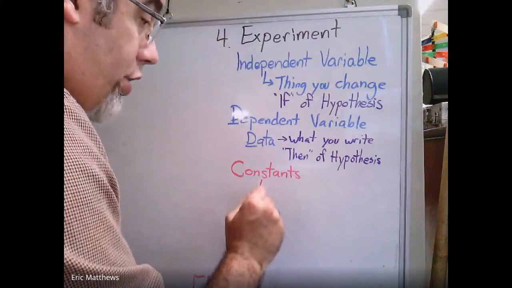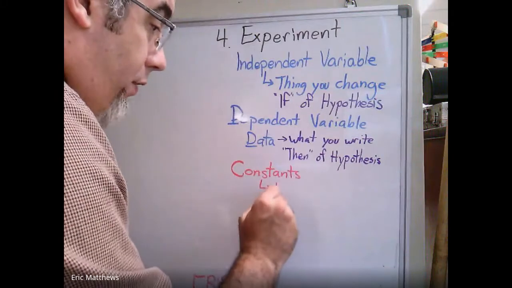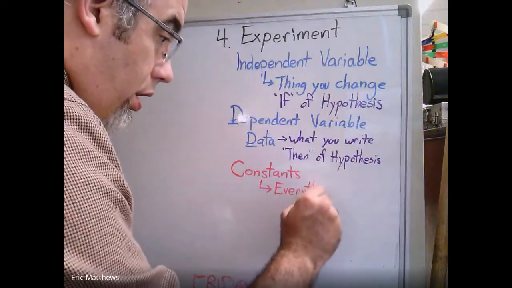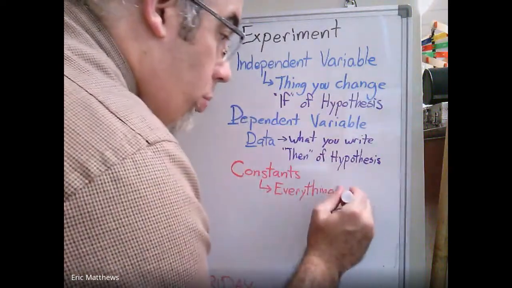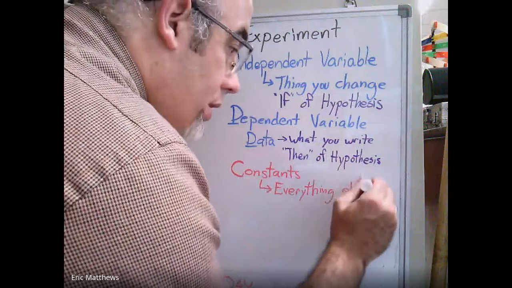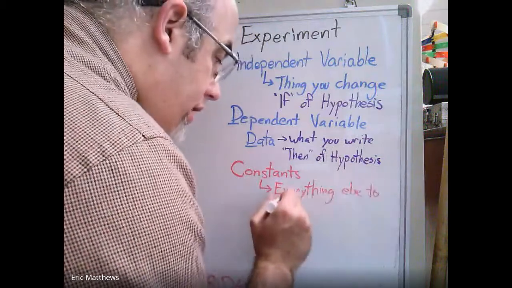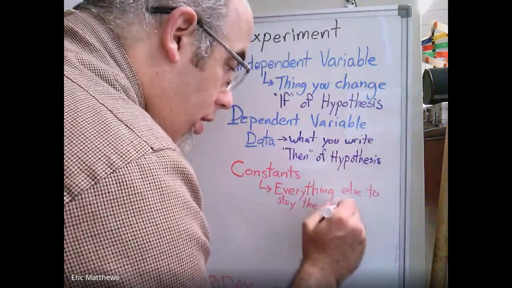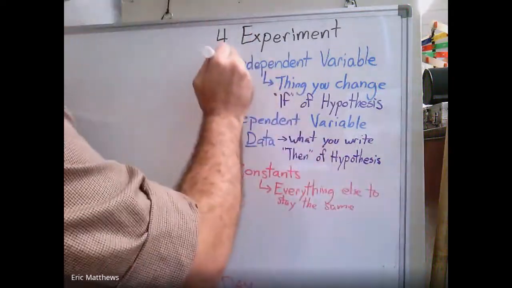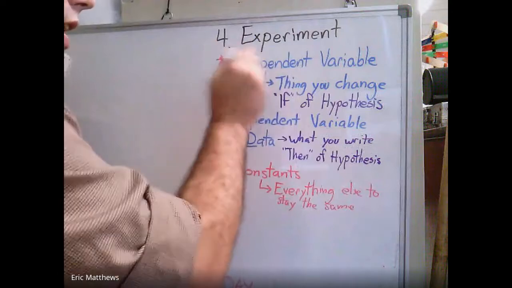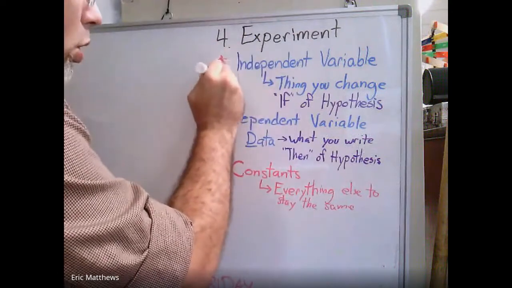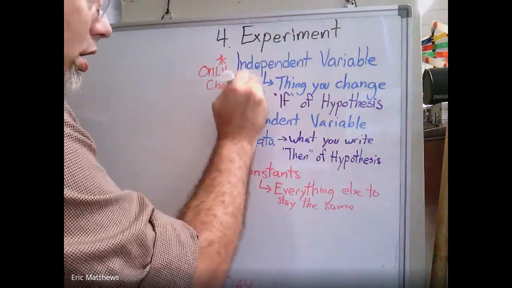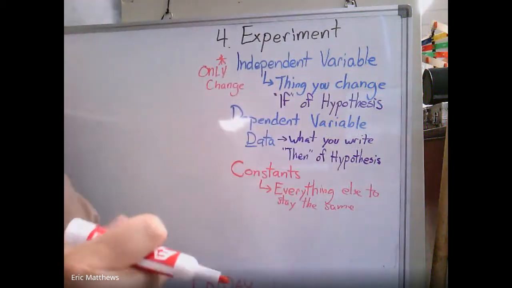And your constant should always be everything else, because we want everything else to stay the same. Remember, your independent variable should be your only change. Everything else should be a constant.